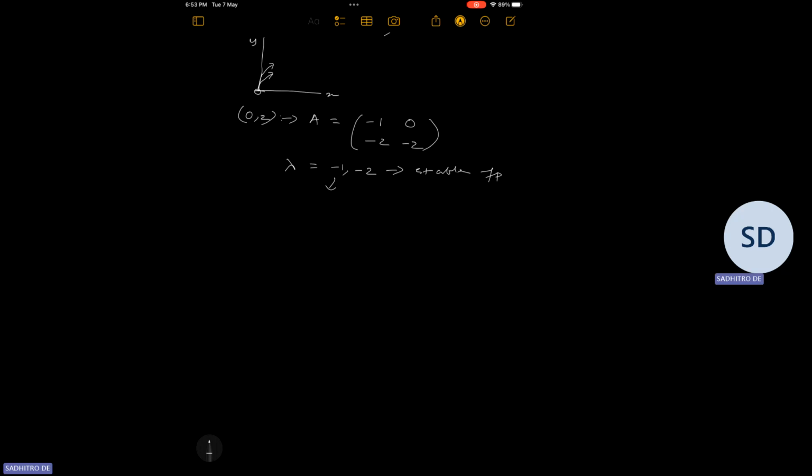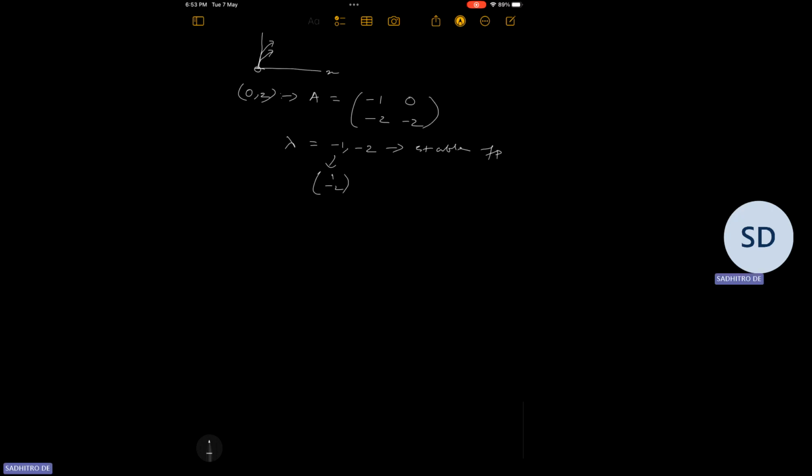This has the eigenvector of (1, -2). So basically the flow close to this fixed point, this fixed point will be somewhere over here, and the slow eigendirection will point somewhat in this way, and the trajectories will all be parallel to this.